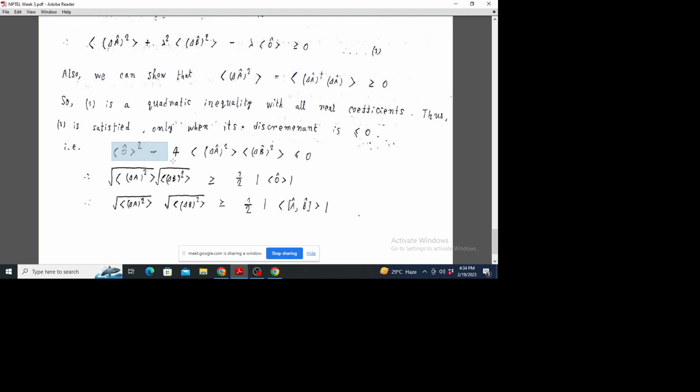So just compare and you will see this is the discriminant, and for inequality 1 to hold, this has to be less than or equal to 0, and from there you get the generalized uncertainty relation.